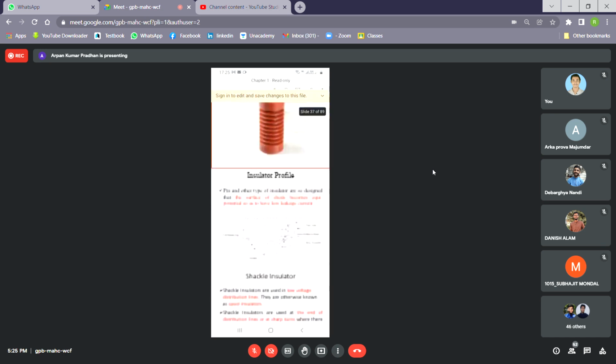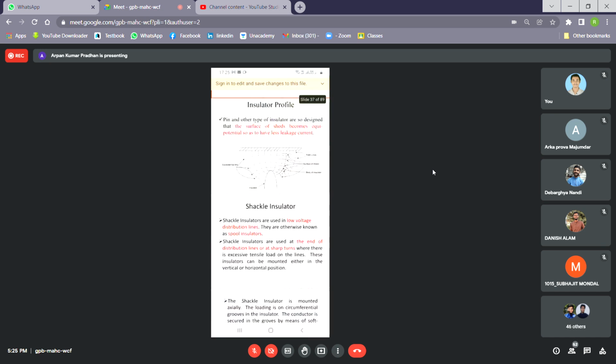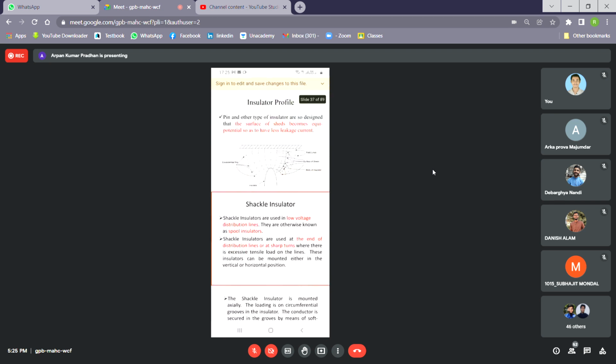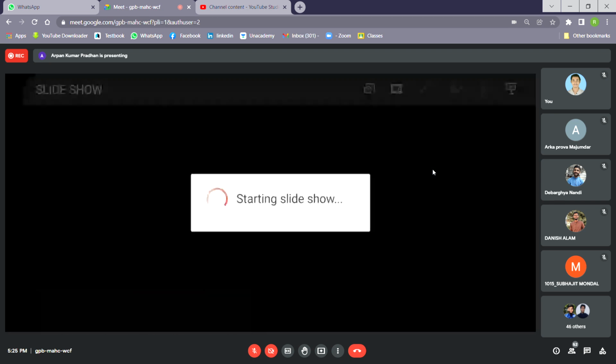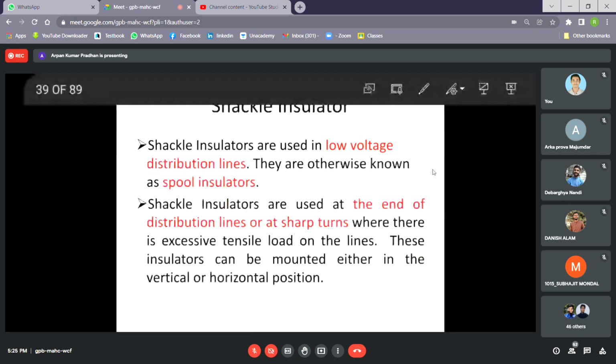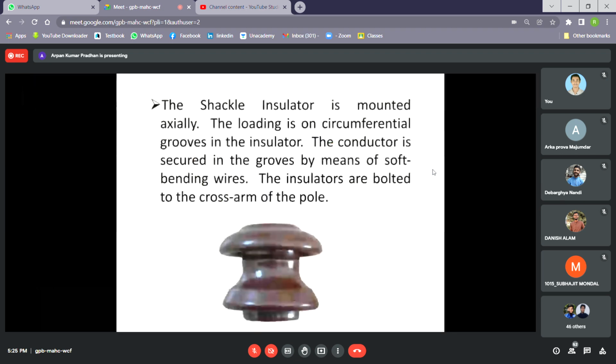Now coming to another thing, the shackle insulator. Let's see the shackle insulator. Yeah, the shackle insulator looks like that. Where you need to bend the transmission line, then we use shackle insulators.